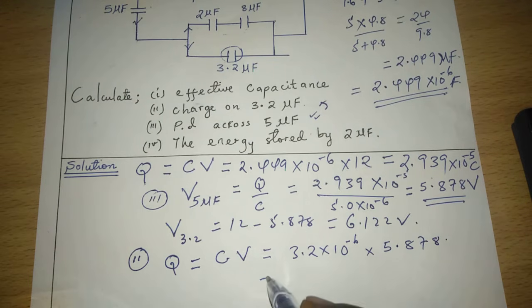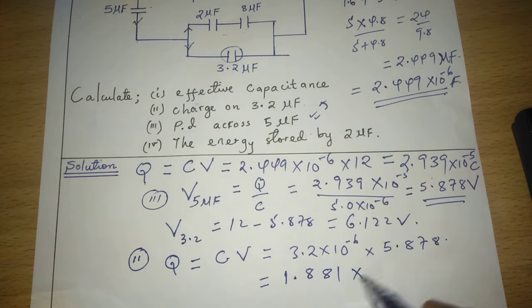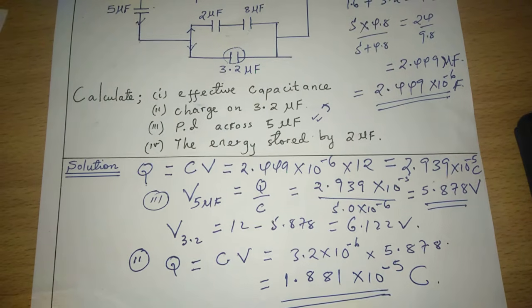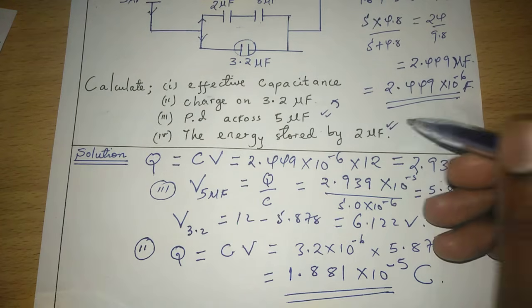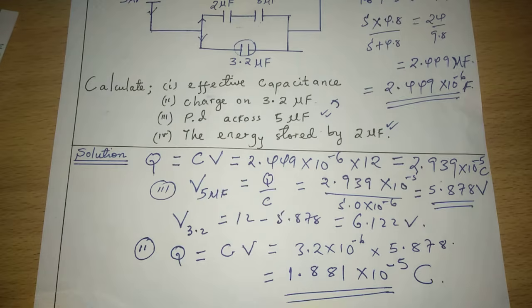And this gives us a charge of 1.881 times 10 power negative 5 coulombs. So this is the charge which passes in the 3.2 microfarad capacitor. The other question which we are supposed to calculate is the energy stored.